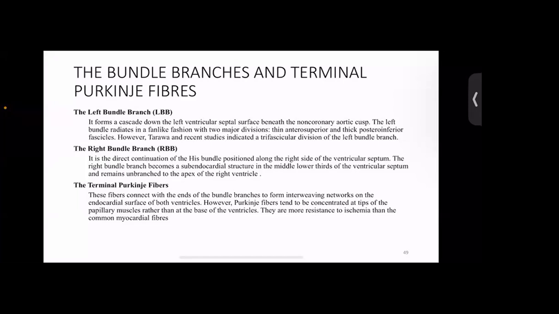Now, the terminal Purkinje fibers connect with the ends of the bundle branches to form interweaving networks on the endocardial surface of both ventricles. However, the Purkinje fibers tend to be concentrated at the tip of the papillary muscles rather than at the base of the ventricle. They are more resistant to ischemia than the common myocardial fibers.